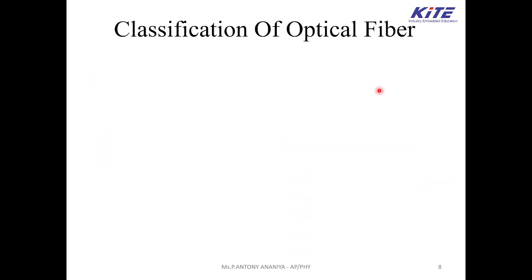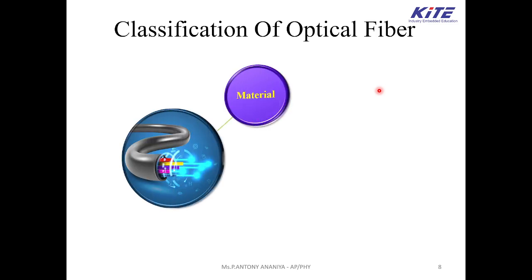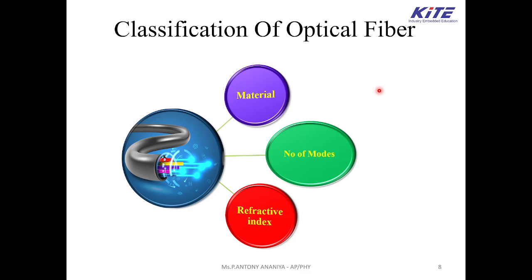Next, classifications of optical fiber. There are three kinds: first, material; second, number of modes; and third, refractive index. Material: here we use two different kinds of materials. One is glass fiber.